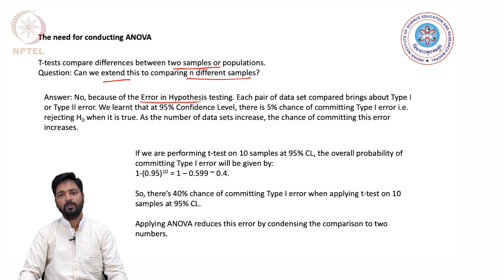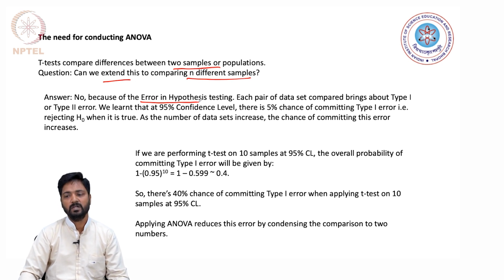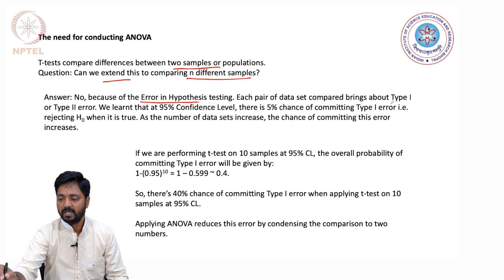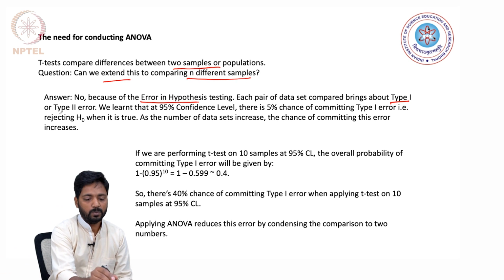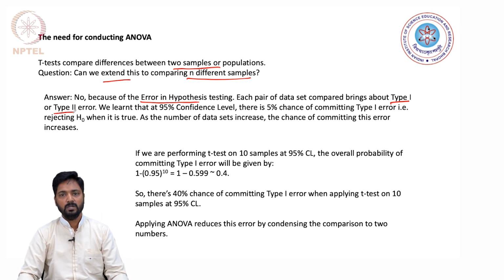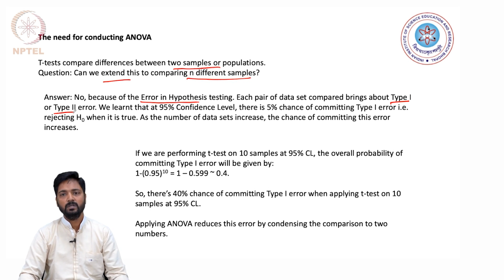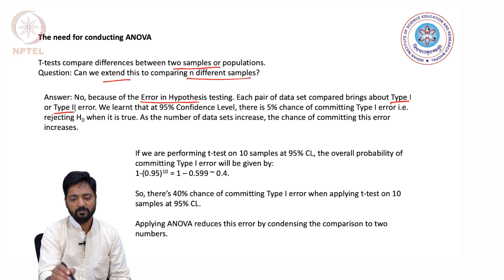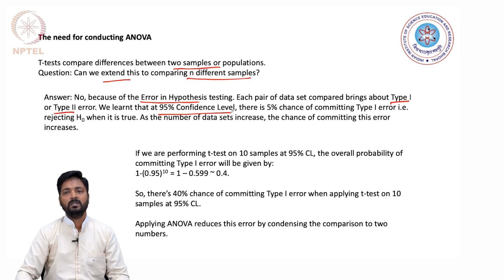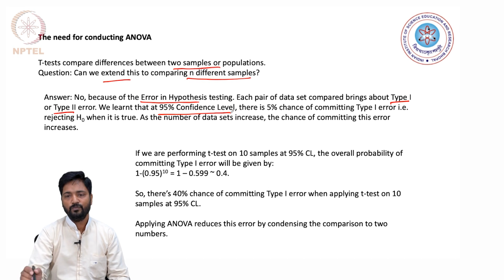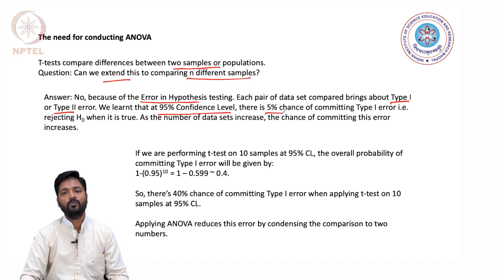That is, when each pair of data sets is being compared, we are committing either a type 1 or type 2 error based on the confidence level we are at. For example, we learnt last week that at 95% confidence level, we still have a 5% chance of committing a type 1 error.